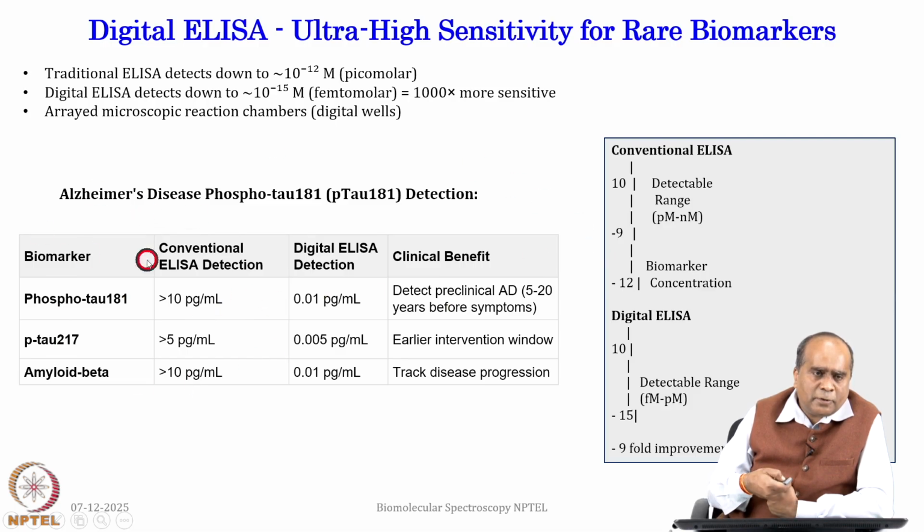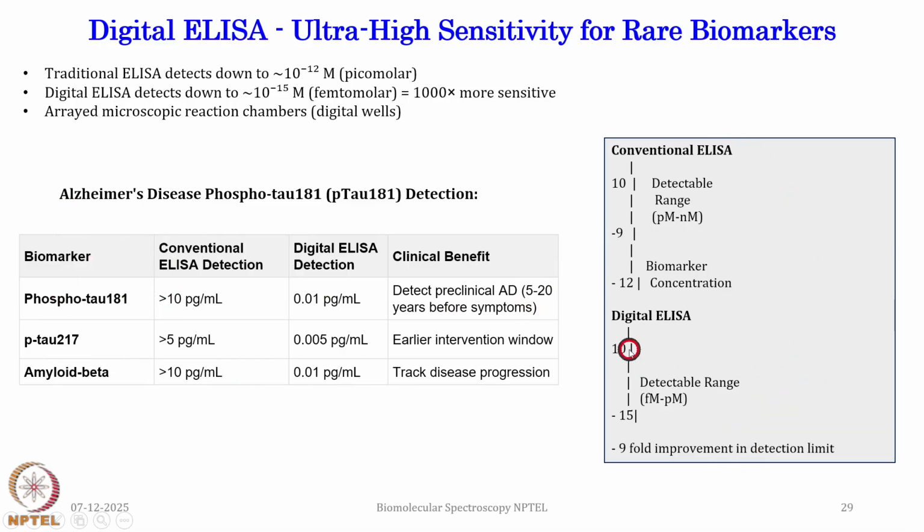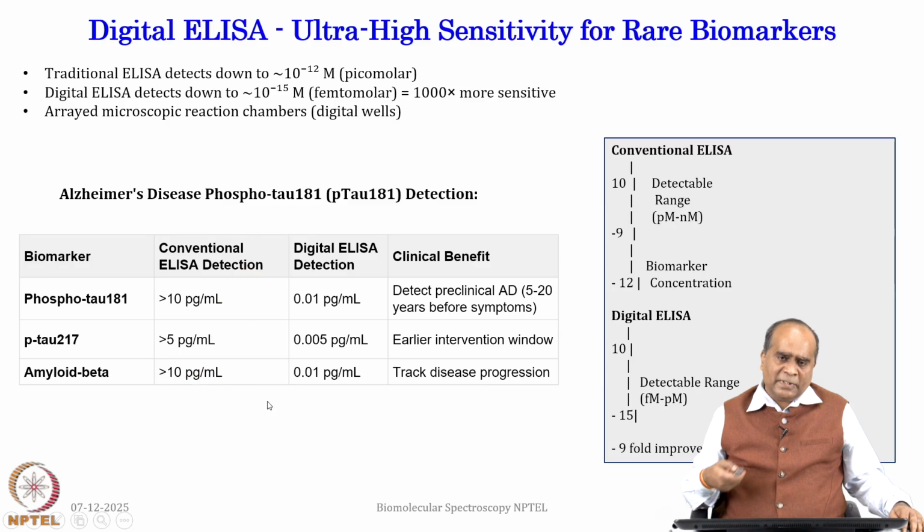You can detect phosphorylated tau or amyloid beta, which are at very low concentration, and with digital ELISA you can detect even femtomolar concentration of a protein as an early biomarker of tau, to find out if some person has a burden of phosphorylated tau or amyloid beta or not, even in the picogram concentration, and that basically tells you about the condition.